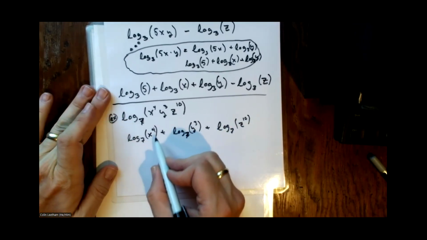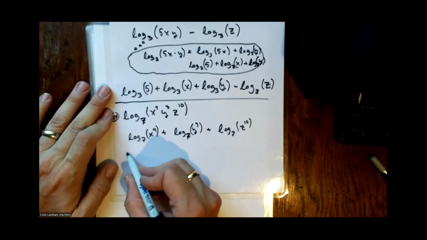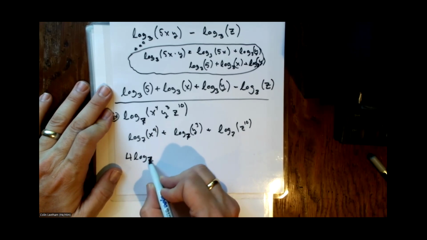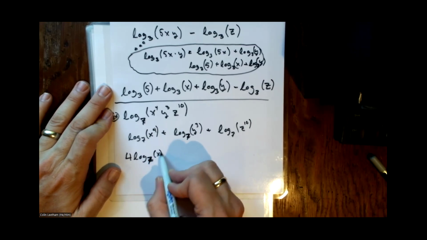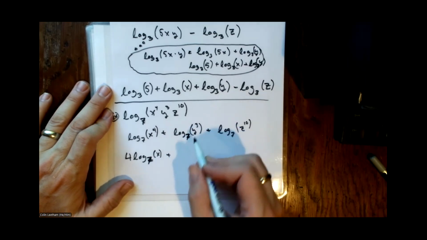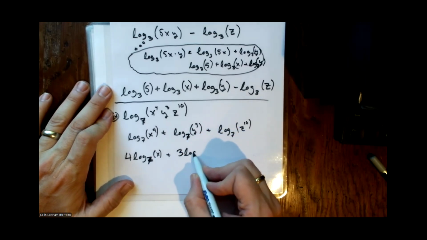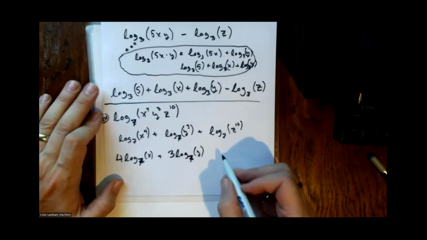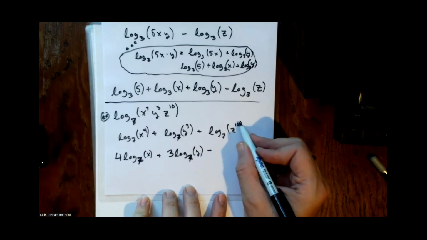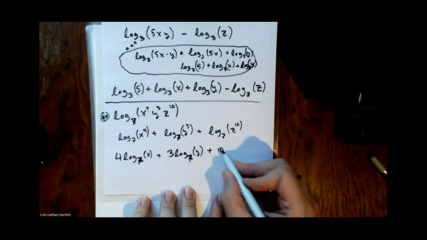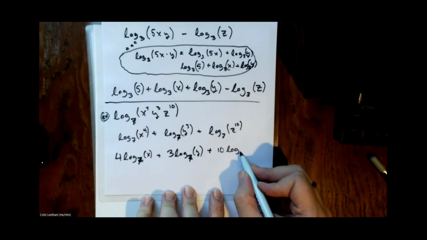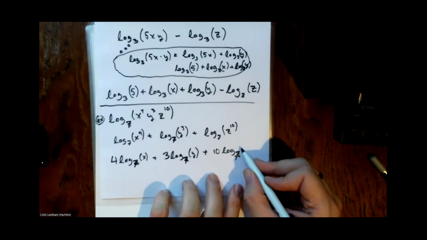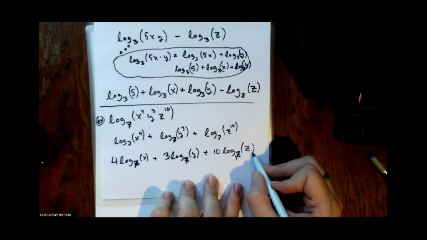So this first term is going to become 4 log base 7 of x, plus 3 log base 7 of y, plus, now this exponent is 10, so that's going to be plus 10 log base 7 of z.